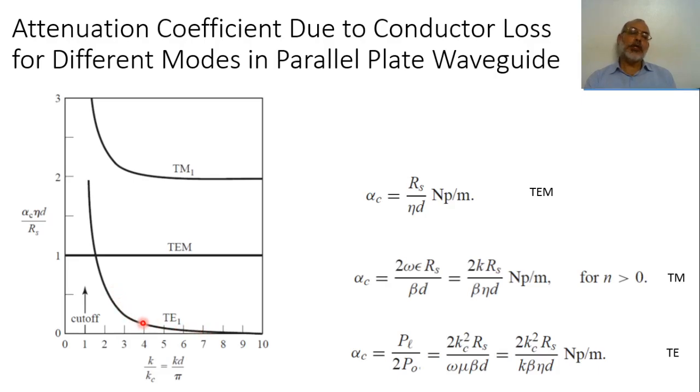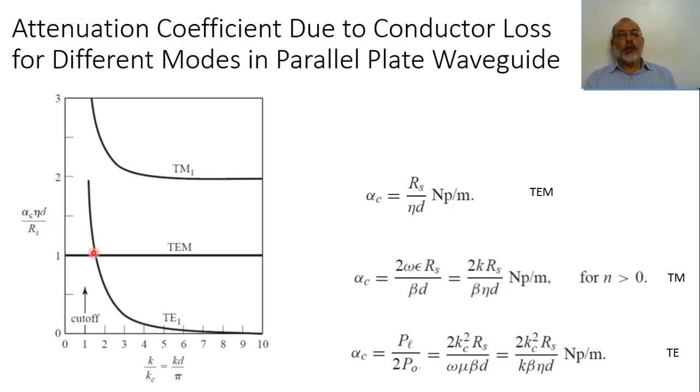It can be noted here that the transverse electric 1 has less attenuation compared to both TEM and TM, especially after the cutoff frequency. Below the cutoff frequency or near the cutoff frequency, we have very high attenuation.